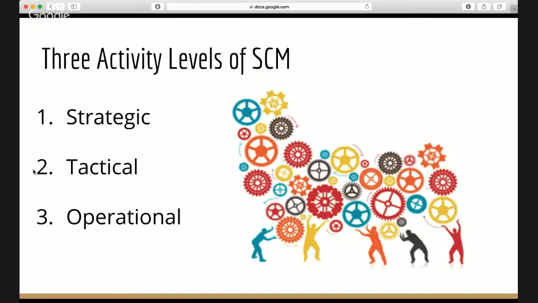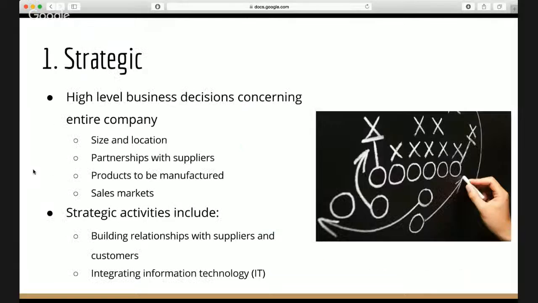And then the 3 activity levels of supply chain management. We've got the strategic, the tactical, and the operational, which all kind of coincide with one another. But the first one, strategic, this is where the high-level business decisions concerning the entire company occur, as to size and location, partnerships with suppliers, products to be manufactured, as well as the sales markets that they want to target when distributing these products.